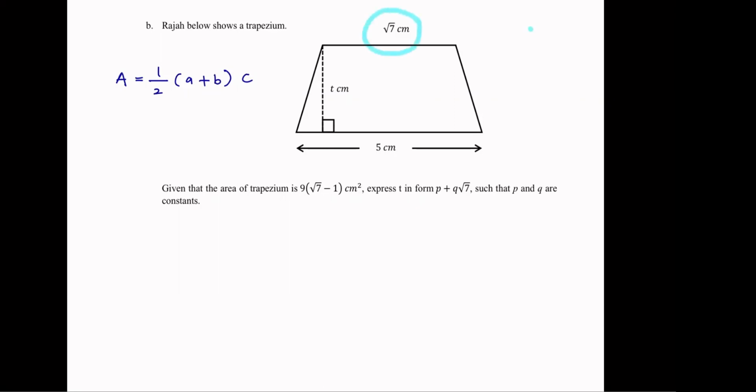So this is your A lah. B. This is a C. ABC, done.